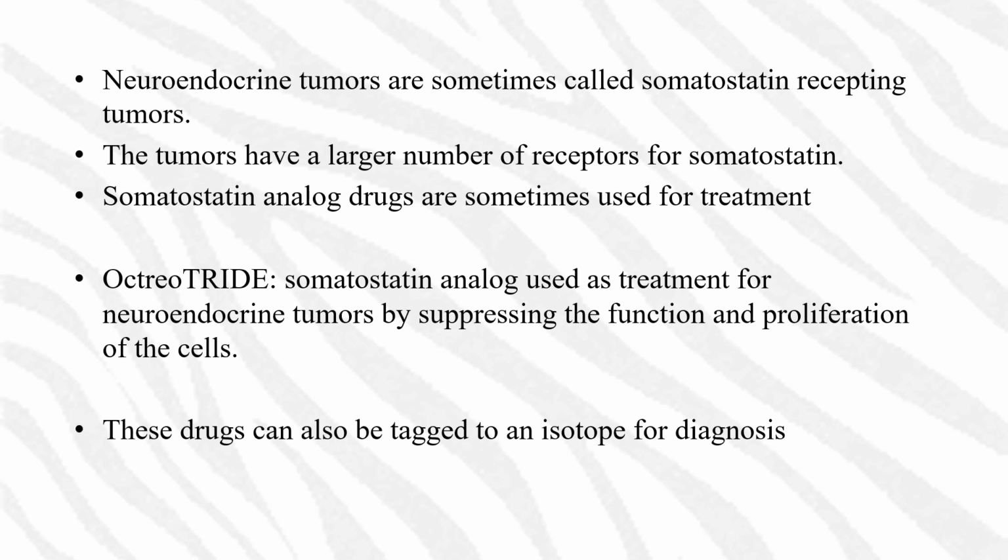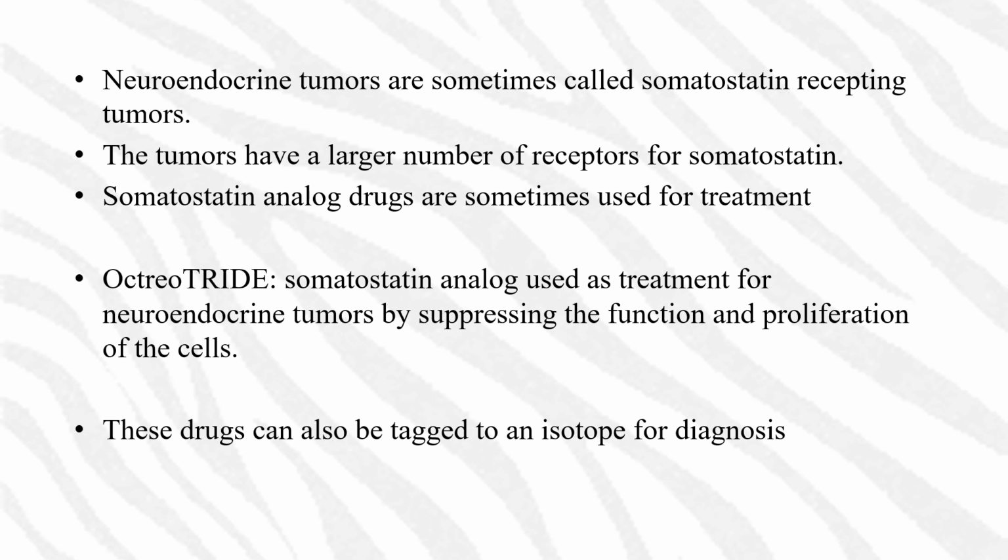Neuroendocrine tumors are sometimes called somatostatin receptor tumors. The tumors have a large number of receptors for somatostatin. Somatostatin receptors are already present on neuroendocrine cells, and somatostatin inhibits their production of hormones. When those cells become malignant, neuroendocrine tumors are typically functional tumors.